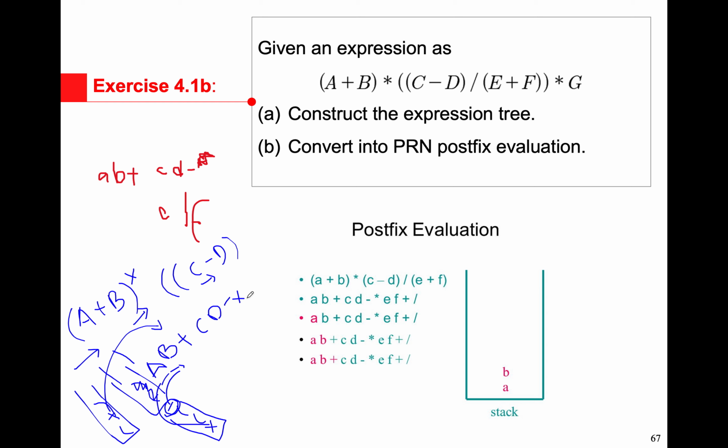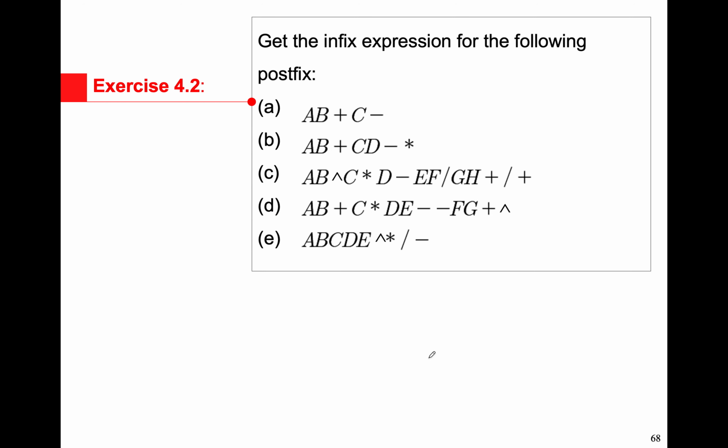So you're going to pop the multiplications, and then you're going to continue with divisions, and then you have E plus F and G. So please try to do the rest. What basically happens to your EF, and then plus, and then division, and so on.